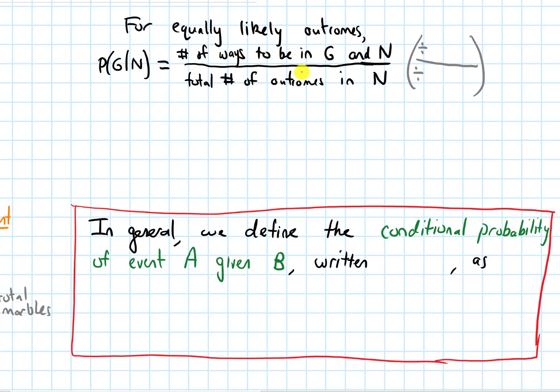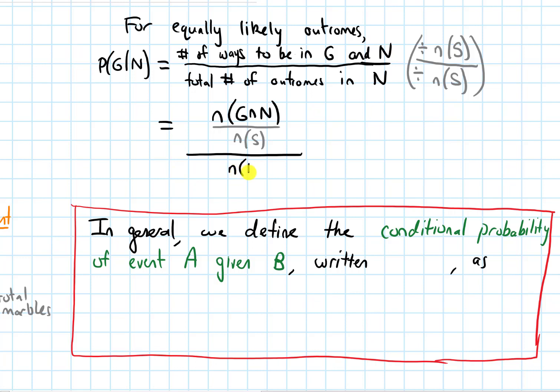I can turn them into a probability if I divide both of them by the number of elements in the sample space, n of S. So the numerator is the number of ways to be in G and N, that is n of G intersected with N, divided by the number of elements in the sample space. And the denominator, the total number of outcomes in N, we can write as little n of capital N, also divided by n of S.